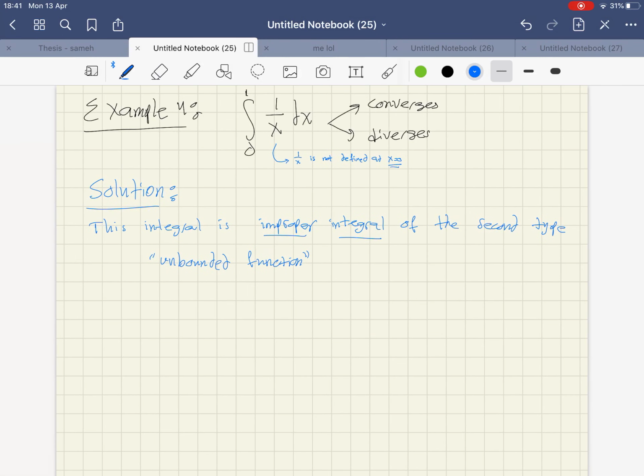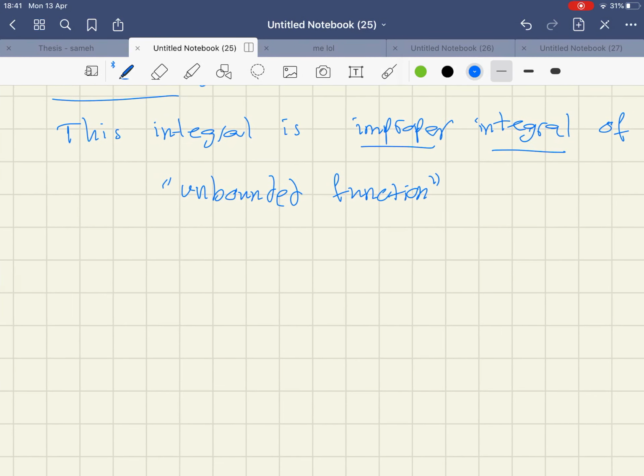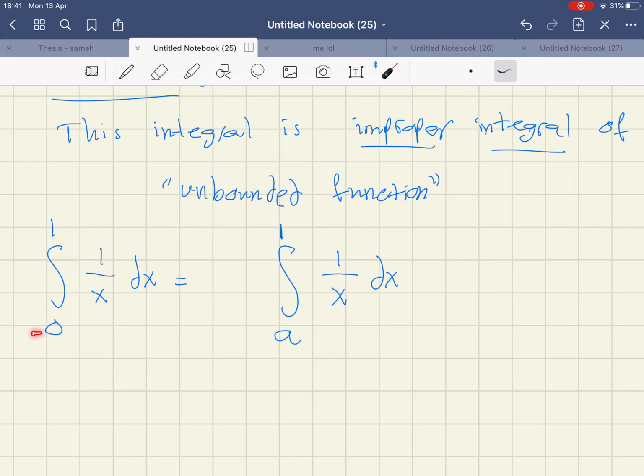Now, how we are going to solve this question is what we did in the case of infinity. Since I have a problem here, I just need to go away from the 0. If you go away from the 0, you will start with an a. Now, how much is a? Since I'm starting from 0 and going up to 1, this a should be something between 0 and 1.